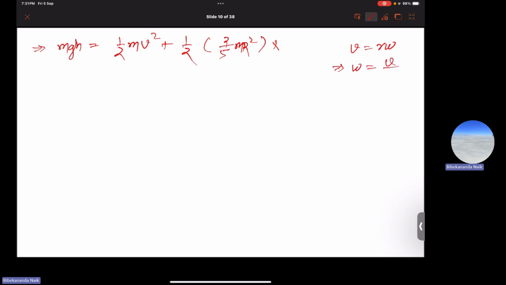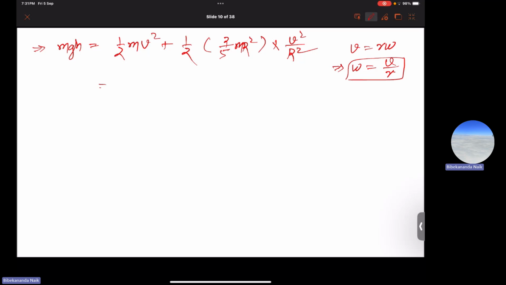Now how will we find it? mgh is equal to half mv square plus half the moment of inertia for a solid sphere, which we all know is 2 by 5 mr square, into omega square, and we know v equals r omega, or omega equals v by r. So we put that value, it will be v square by r square.